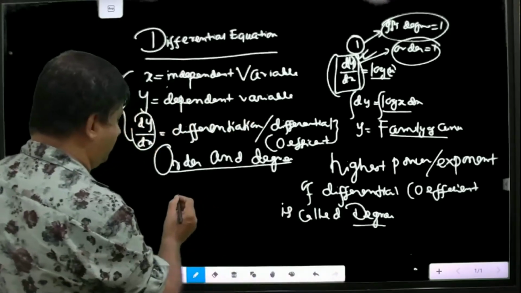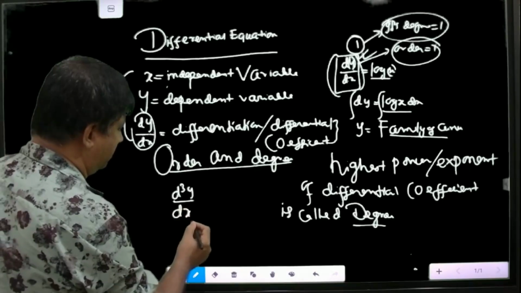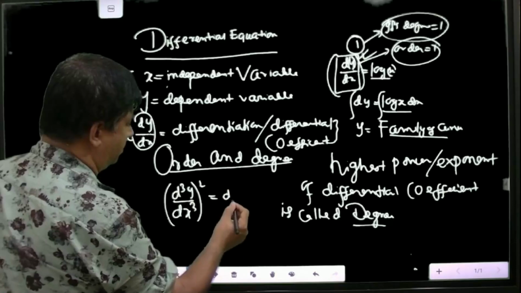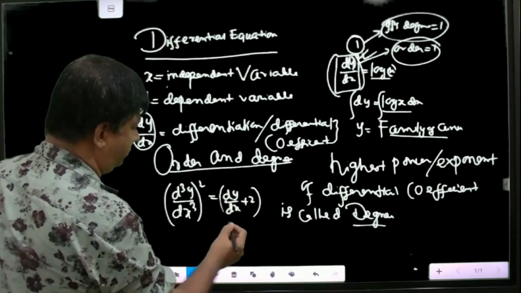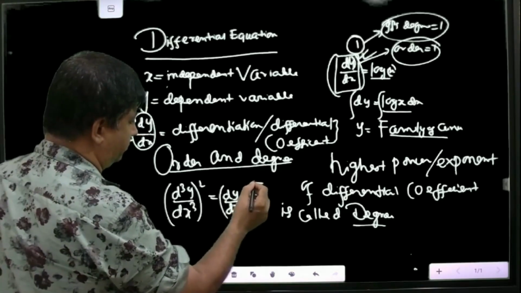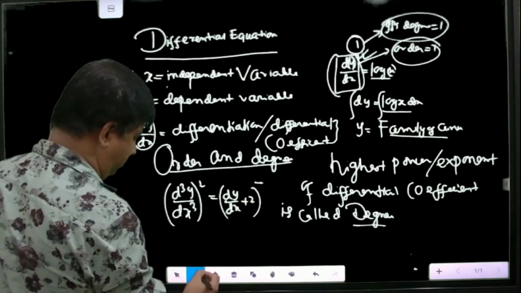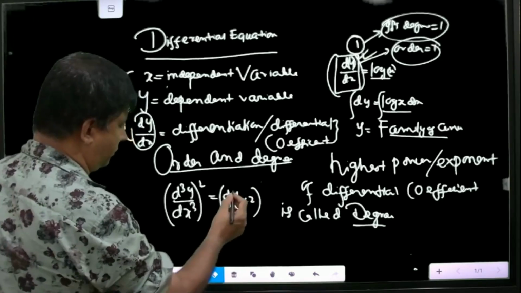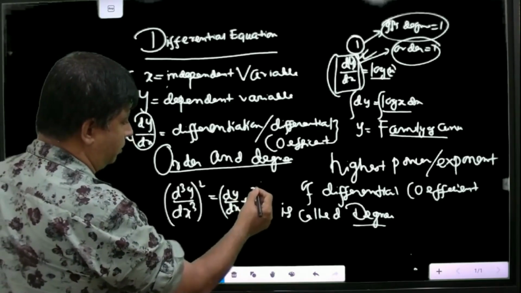Suppose you have got dy/dx whole to the power 4.